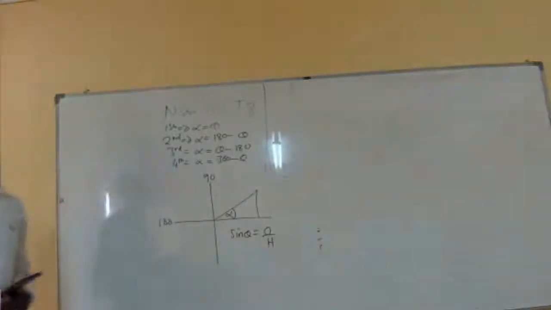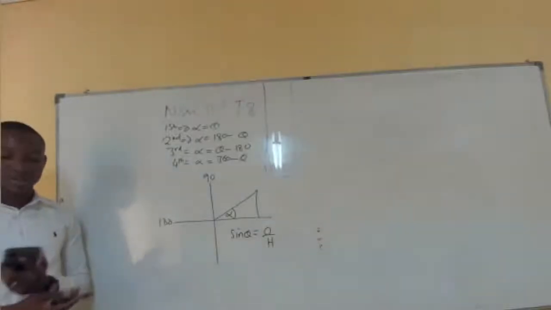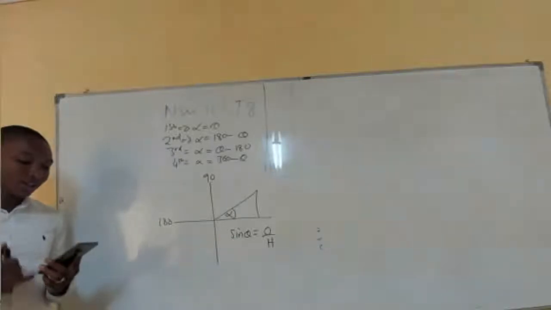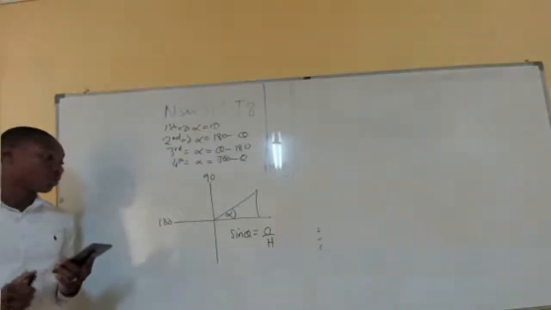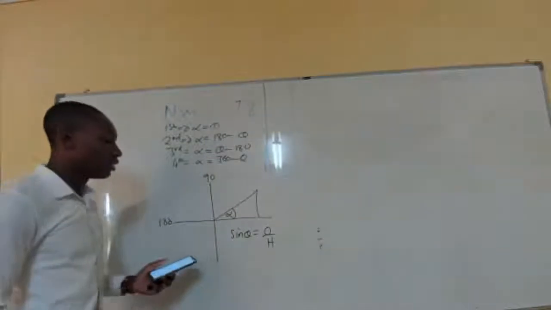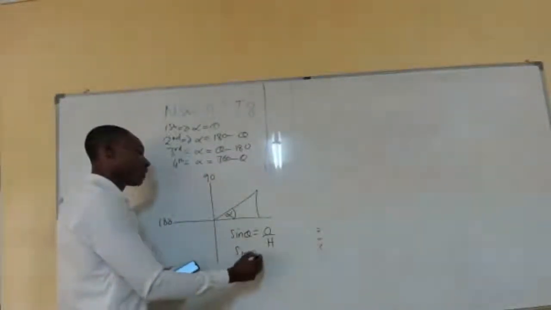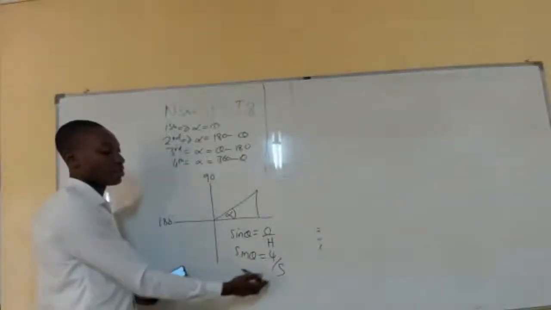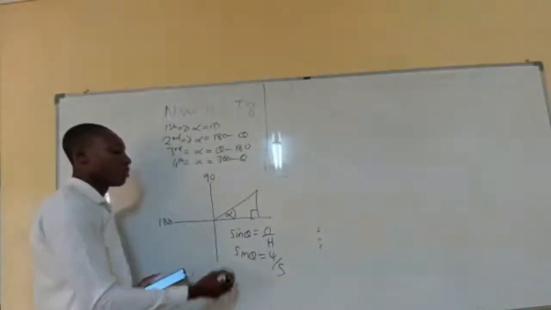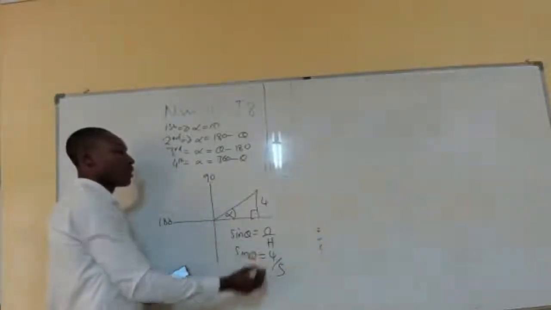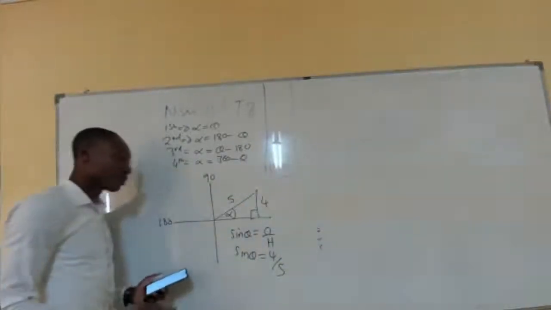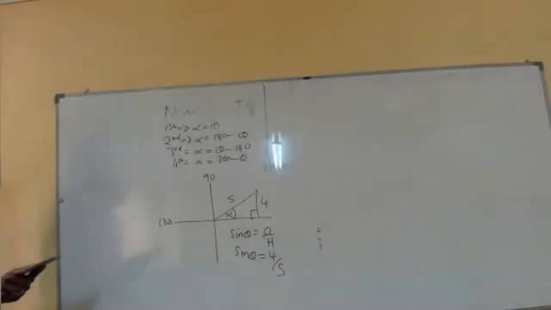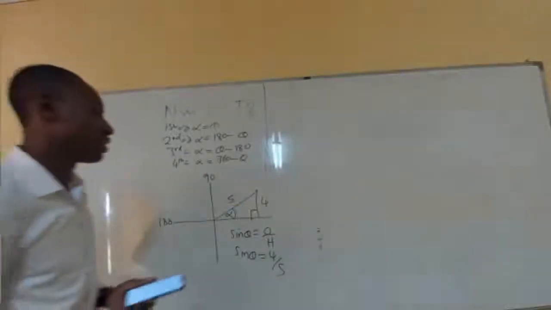I just want you to know that the terminal side you are dealing with is in the first quadrant. Given that sine theta is 4 over 5, the opposite is 4 and the hypotenuse is 5. We need to find the remaining trig identities.